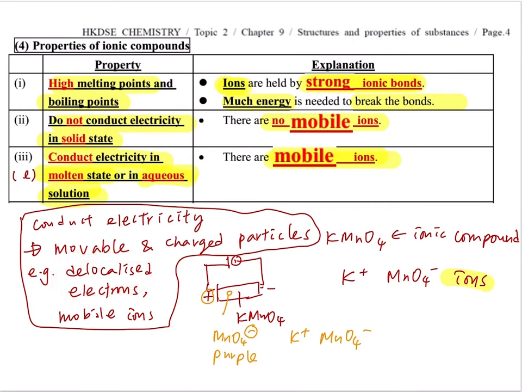We need delocalized electrons in order to conduct electricity, or mobile ions. Any one of them. If we have delocalized electrons, it's fine; we can conduct electricity. If we have mobile ions, then it can conduct electricity. 即係是但一個 either one is fine. So either delocalized electrons or mobile ions, then the substance can conduct electricity.